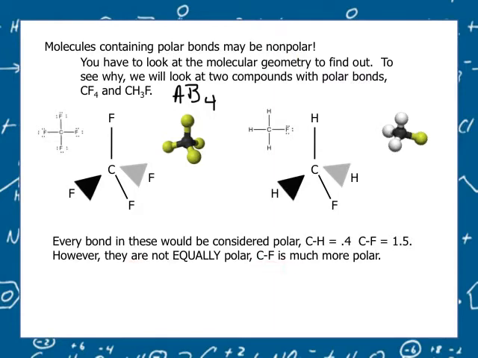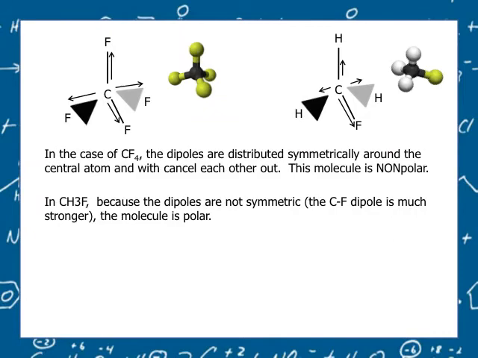The carbon-fluorine bond is much more polar, and you can see that because we have a much higher electronegativity difference. What this means is even though they have all polar bonds, only one of the molecules is polar as a whole.